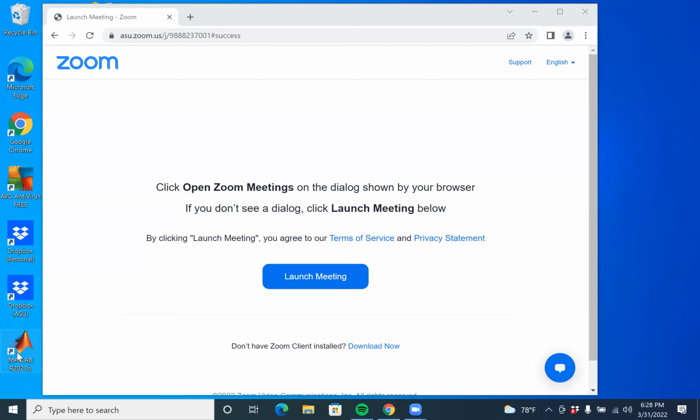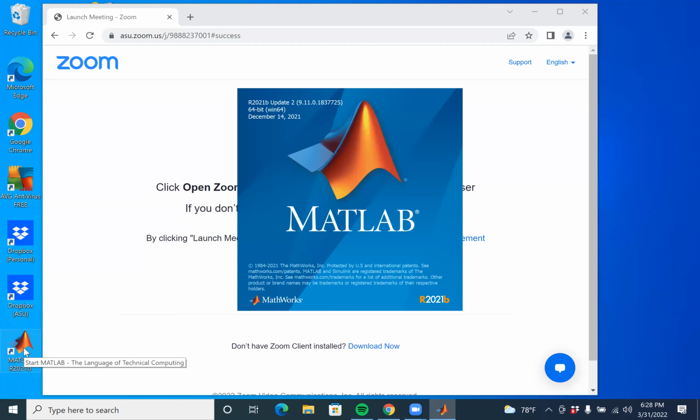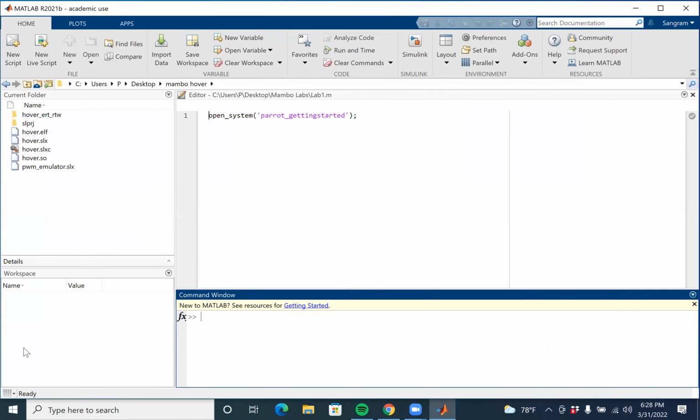So first, I want to open Matlab. And this would be a good time for you guys to open Matlab. Then open Simulink.